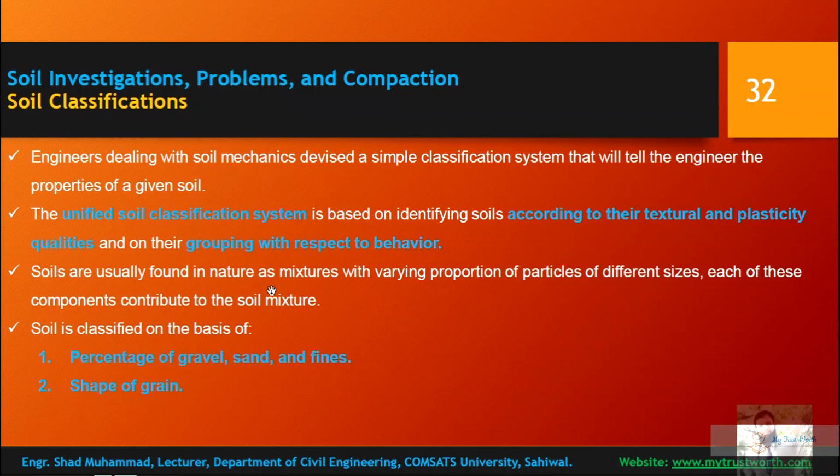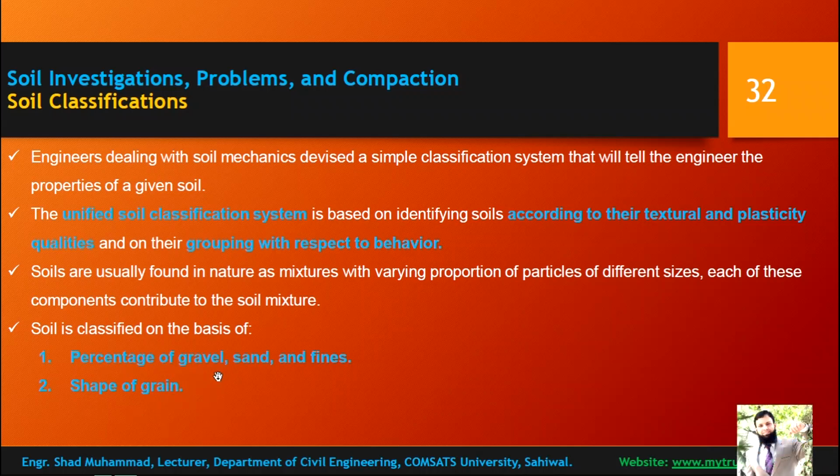Soils are usually found in nature as mixtures with varying proportions of particles of different sizes. Each of these components contributes to the soil mixture. They are not of one uniform type, where this is silt and this is clay; they are mixtures. So soils are classified on the basis of the percentage of gravel, sand, and fines, and the shape of the grains.